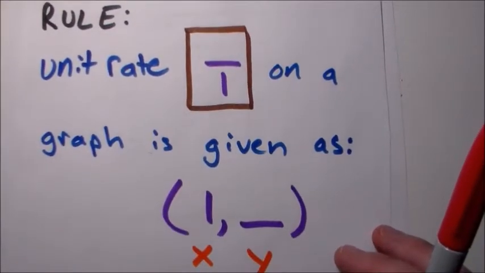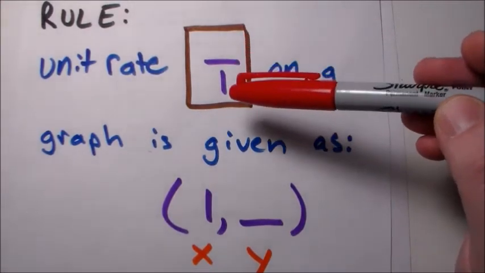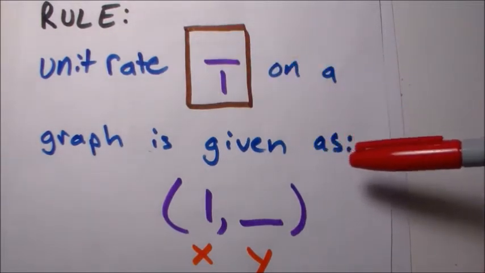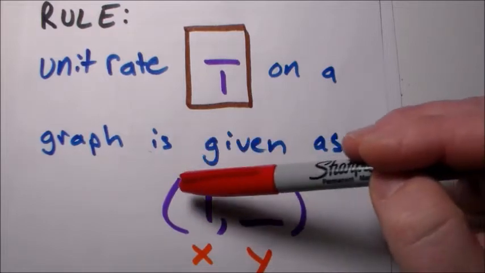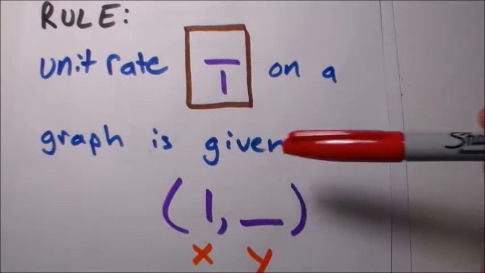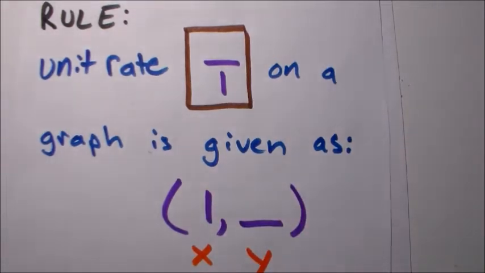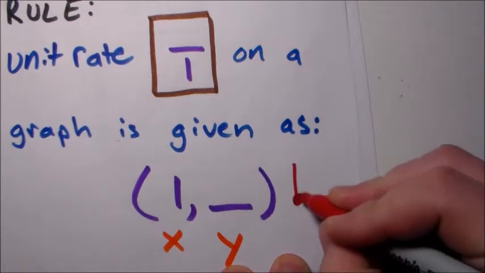We need a rule. The rule is that the unit rate, as you'll remember, is normally given as a fraction with 1 in the denominator. The unit rate on a graph is given as 1 comma blank. Sometimes this is known as 1 comma r, but to keep it simple, we're going to do 1 comma blank. If you have a graph of a proportional relationship, it will start at 0.